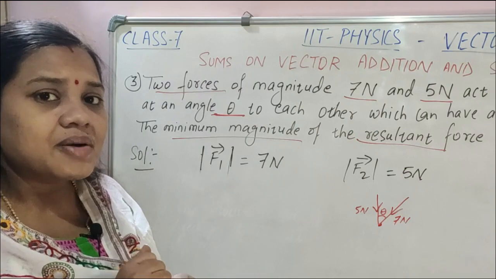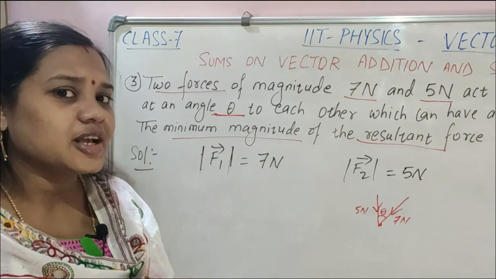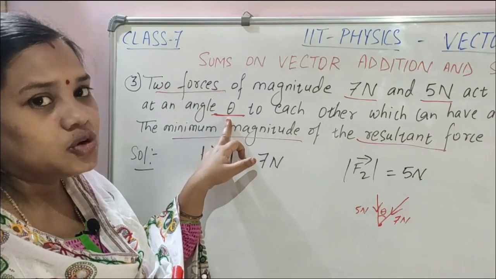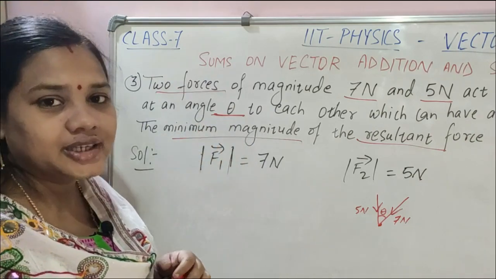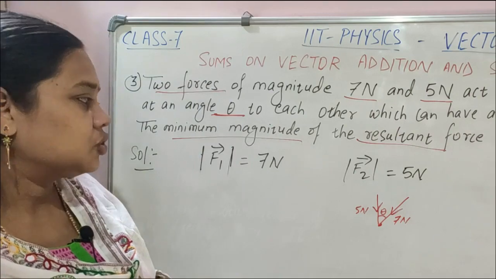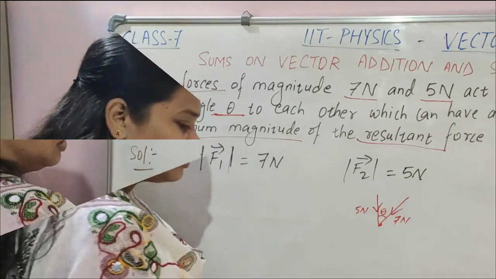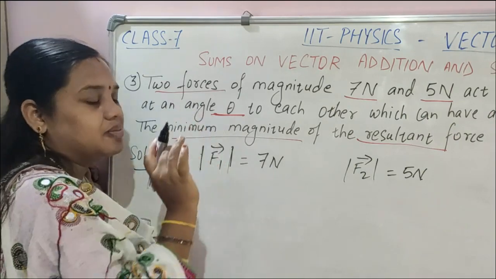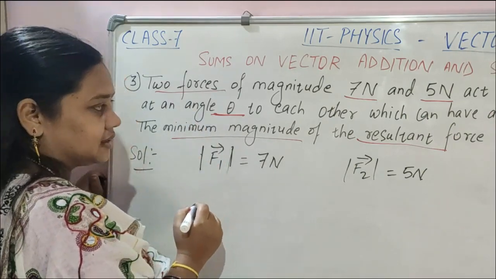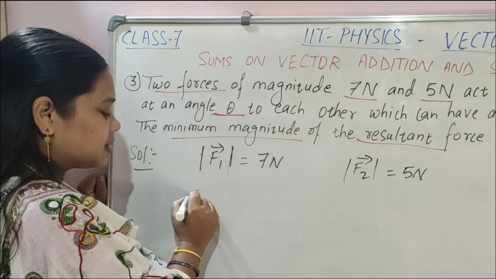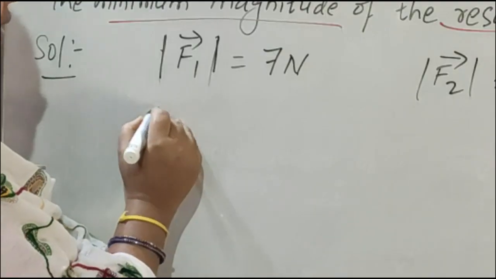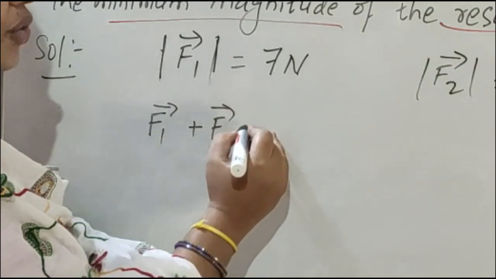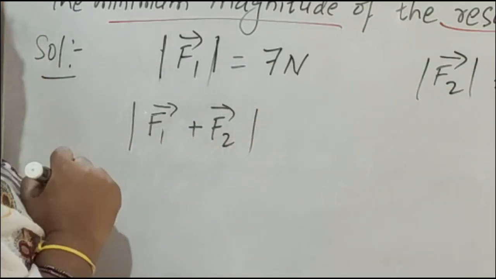So when the minimum magnitude of the resultant force will come, you have to take the minimum value for theta. Got it? So let's start today's sum. You have to take theta such that the value will be minimum. We already have the formula. See, f1 vector plus f2 vector. We have to add these two vectors.